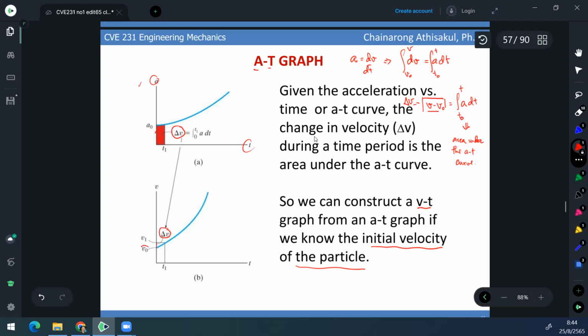So if we know the initial velocity, we can determine v1, okay? Because v1 is equal to v0 plus delta v, that is the area. So then we can construct the v-t graph this way.